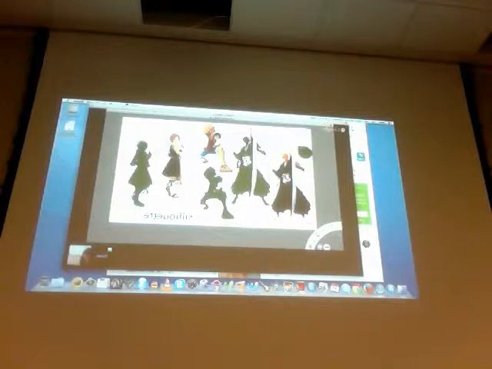Okay, so creating an ideal or memorable manga image with the characters is about focusing on silhouettes. This kind of shows you how these really cool characters are set up so you can really tell what they're doing without all the lines, just with the silhouettes.